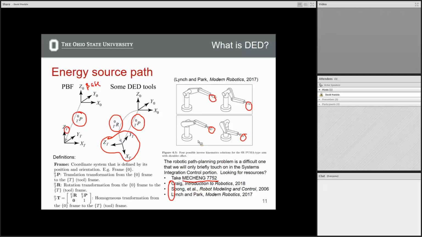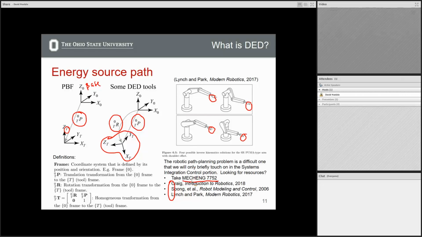But you can have all these different configurations of your robot that give you that exact position and orientation. So there's not just one solution in terms of how you determine how to move all the axes of your robot to get this location, which causes a bunch of different issues with singularities, etc.